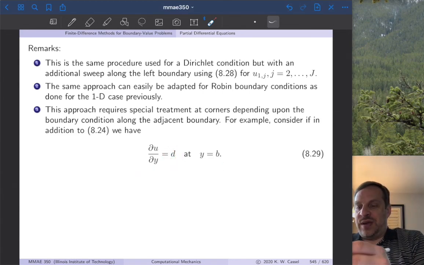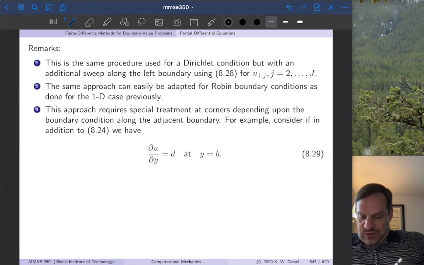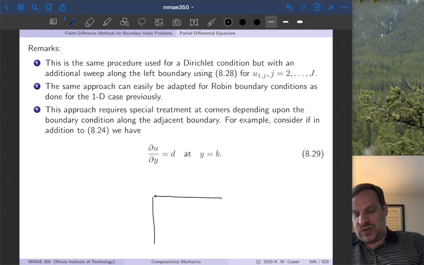So now, let's draw it. The top left corner of our domain looks like this. This point is i equal 1 and j equal capital J plus 1.